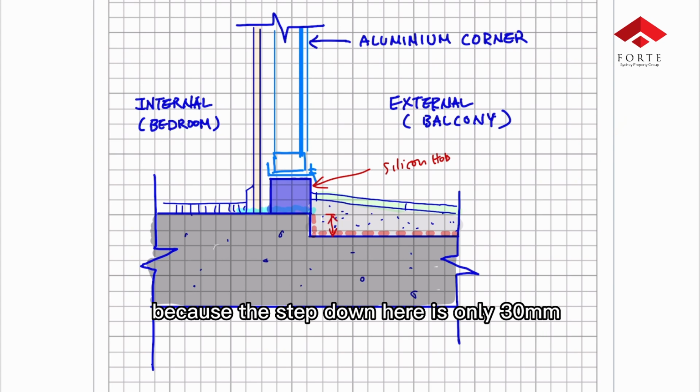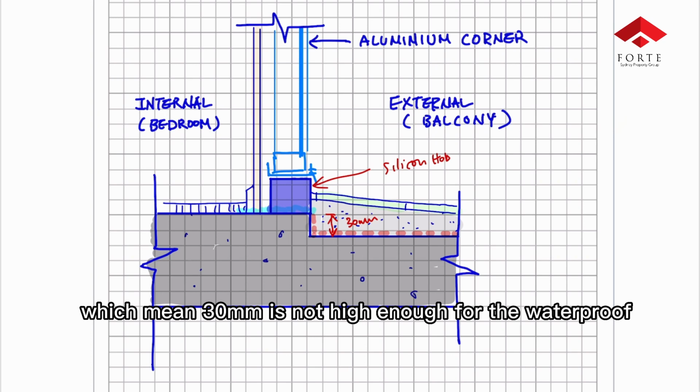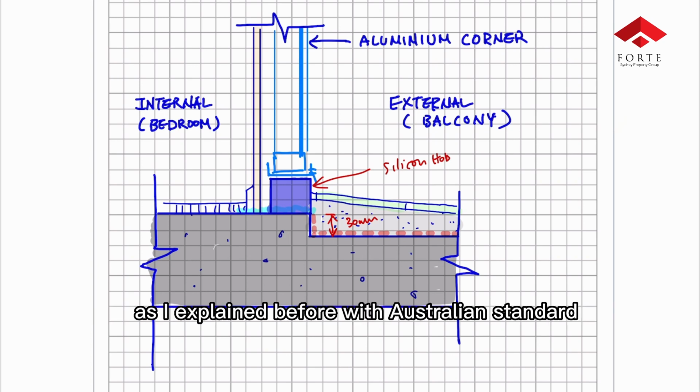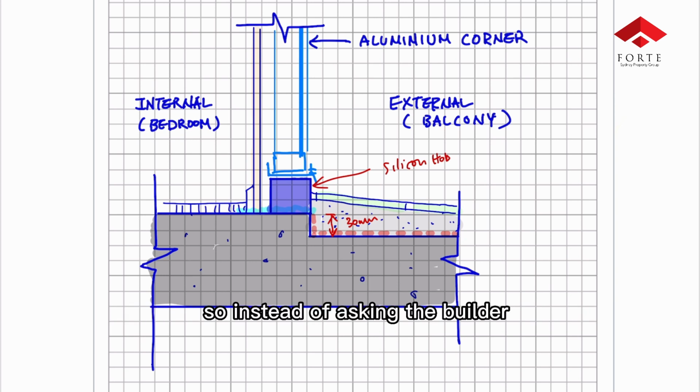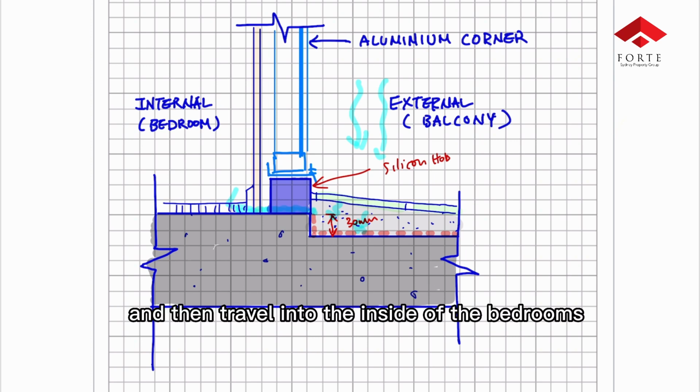Because the step down here is only 30 millimeters, which is not high enough for the waterproofing, as I explained before with the Australian Standard, the window cannot sit on top of this 30 millimeter step down. So instead of asking the builder, the window installers just built this silicone hob without waterproofing properly. Therefore, whenever it rains, the water drips in and travels into the inside of the bedrooms.